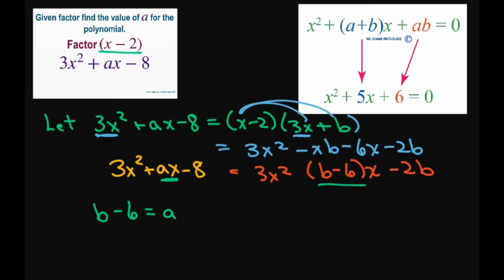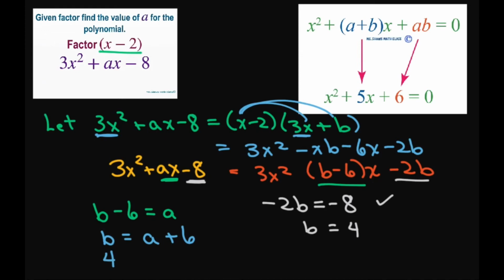Now my constants, I'm going to equate those together. That's going to be negative 2b equals negative 8. Let's do b first. So that means b is going to equal 4. And here we have b equals a plus 6.